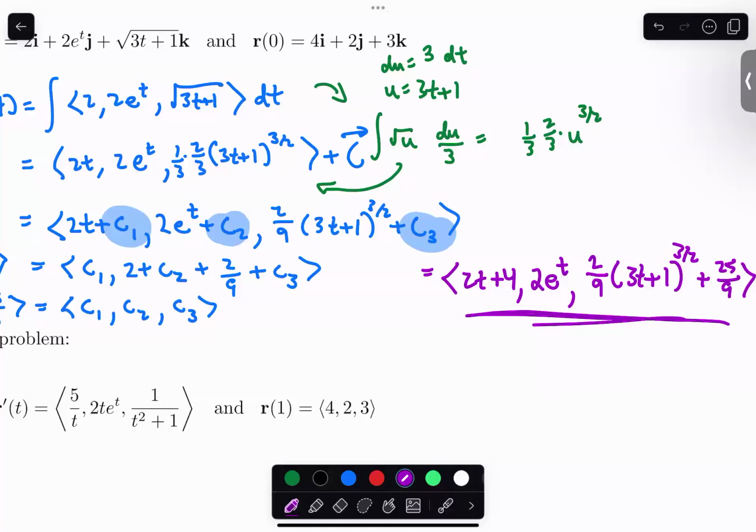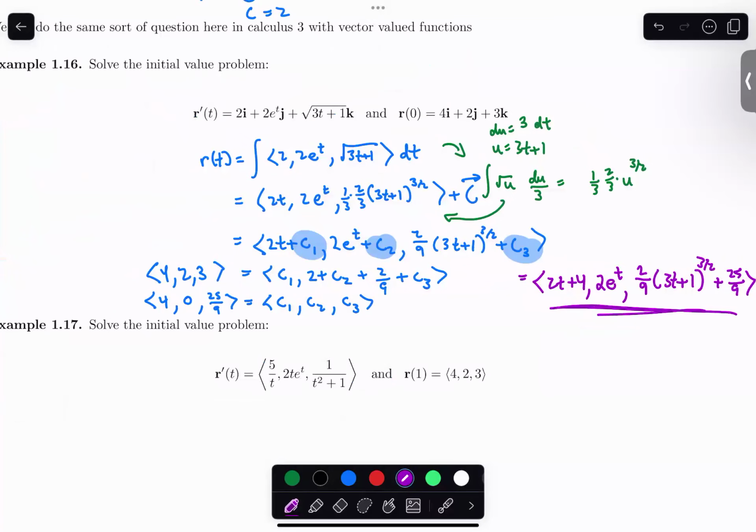So this right here is my vector valued function, my r of t, that satisfies, when you take the derivative of it, you get what it wants. And when you plug in 0, you get what it wants, in this case the vector 4, 2, 3. So this is an example of initial value problems.